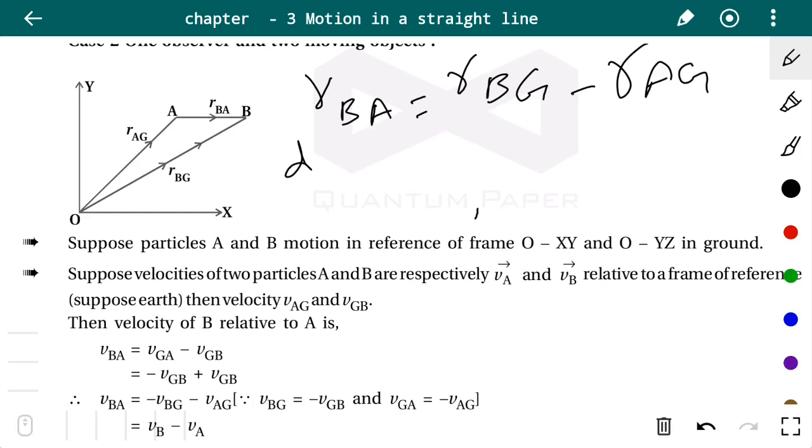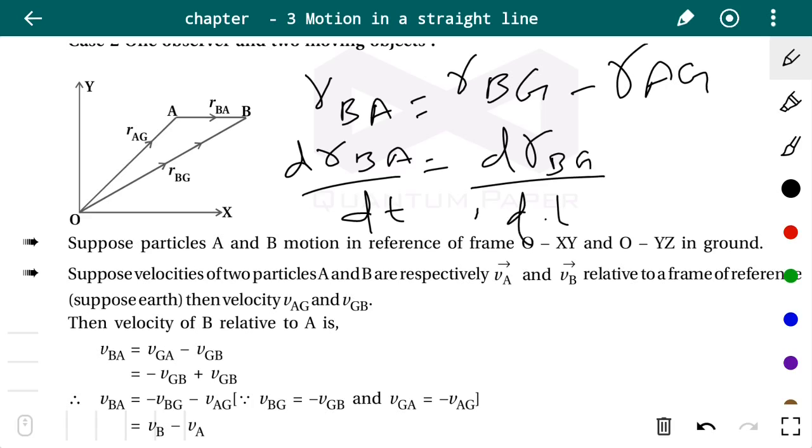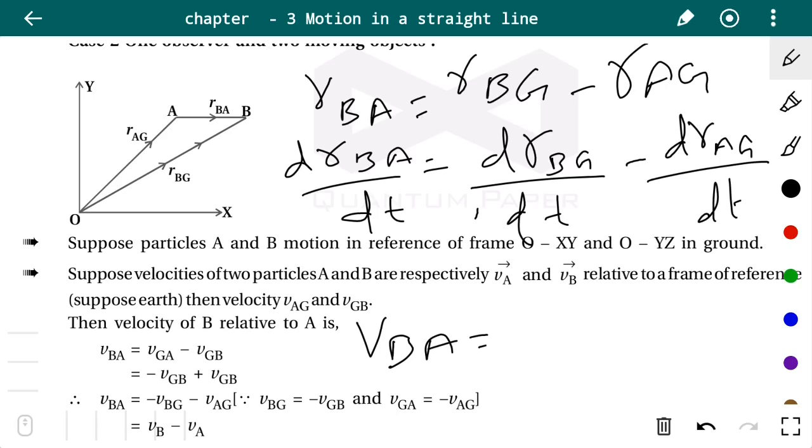So taking the derivative on both the sides, we get drBA upon dt equals drBG upon dt minus drAG upon dt, and we know that change in position with respect to time is velocity. Thus, the left hand side equation becomes vBA equals, the right hand side becomes vBG minus vAG.